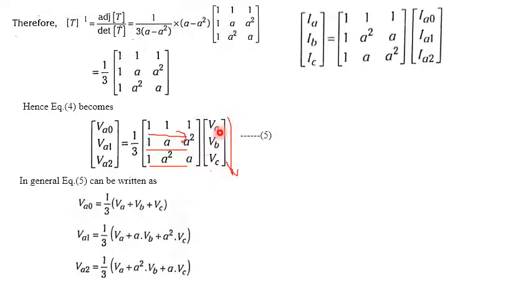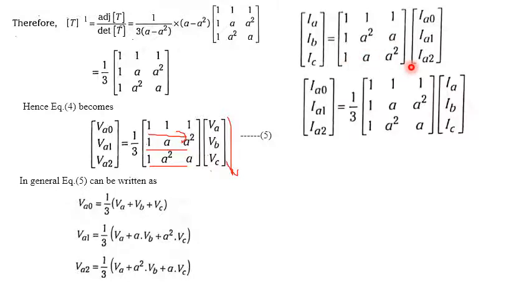Okay, so similarly, we can apply it for the current as well. The phase current in terms of the symmetrical component is the relation. Already we understood that this is 1, 1, 1, 1 a square a, 1 a a square. Similarly, the symmetrical component in terms of the phase current can be written as Ia0, Ia1, Ia2 equal to 1 by 3 into 1 1 1, 1 a a square, 1 a square a into Ia, Ib, Ic.